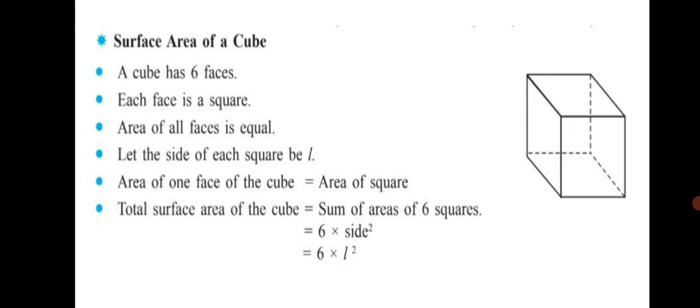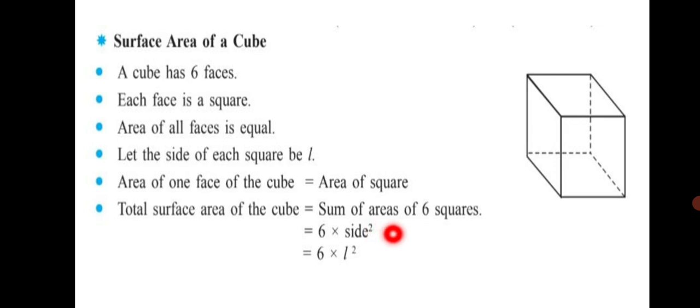So we can derive a formula now. Area of one face of the cube is equal to area of square. Area of square we already know, side square. So what will be the total area of the cube? It will be the sum of areas of all 6 squares. So sum of areas of 6 squares means 6 multiplied by area.